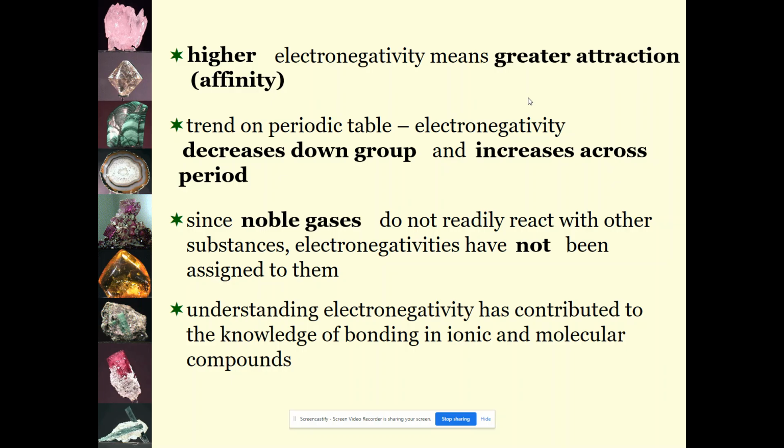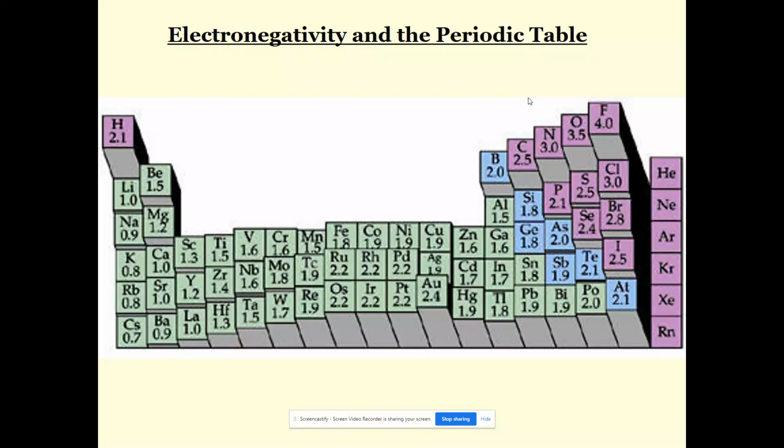So if we ignore the noble gases, the top right corner is fluorine, and fluorine has the highest electronegativity of 4.0. Understanding electronegativity helps us understand whether the bonding will be ionic or molecular. Within molecular, there are some subcategories we're going to talk about: whether bonds are polar covalent or nonpolar covalent.